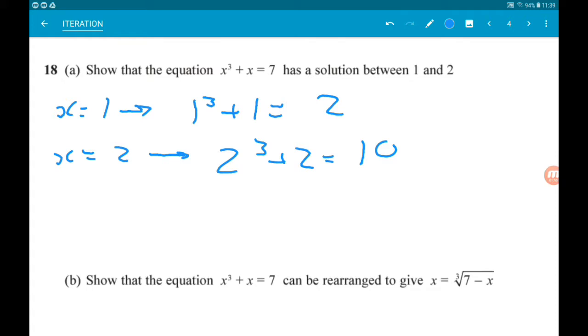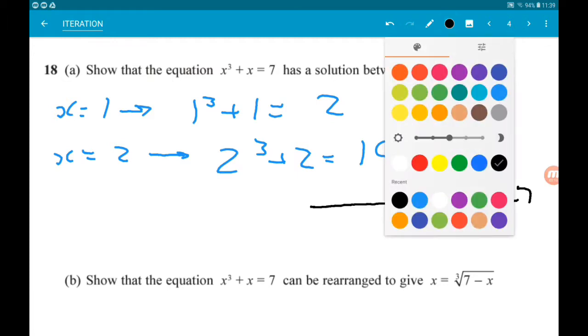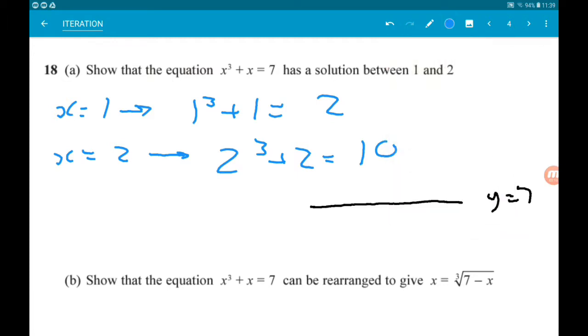If you like, let's show you what's going on. So imagine this is the line y equals 7. Now, here's our curve. It's going to look something like that.